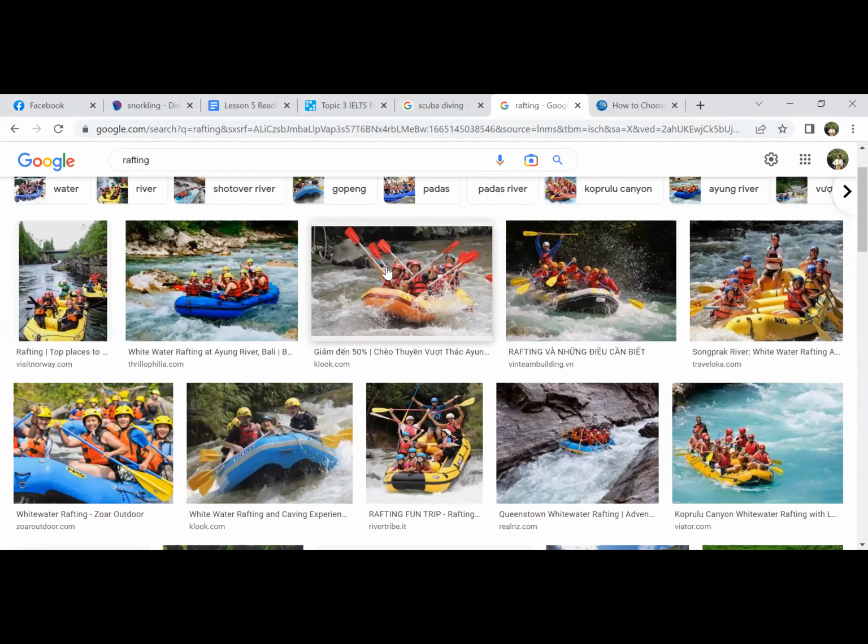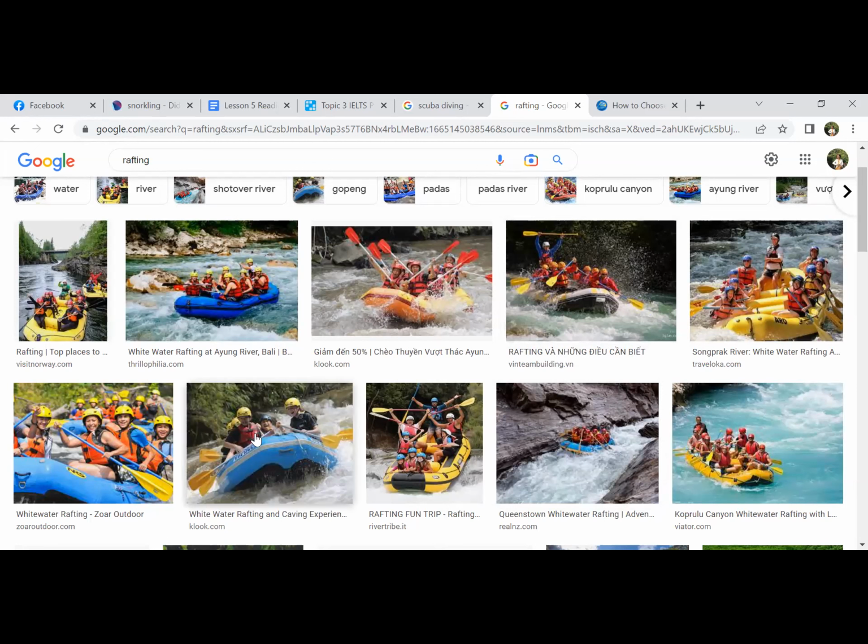So you will see here, they are going down a stream or a river at a fast speed. And Thu, let's look at this photo. What is the color of the water? What is the color that you see? Is it blue or brown? It's brown and not clear.